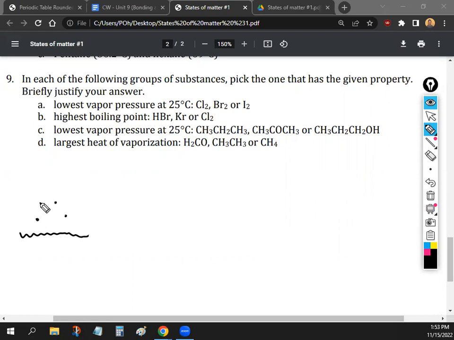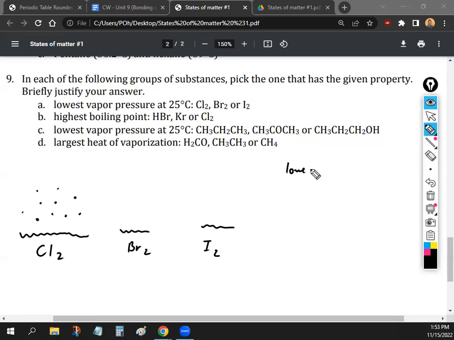This is just a reality. Molecules in a liquid turn into vapor. It doesn't have to boil, they just automatically vaporize. So let's look at Cl2, Br2, and I2. We want to figure out which one of these vaporizes the least.